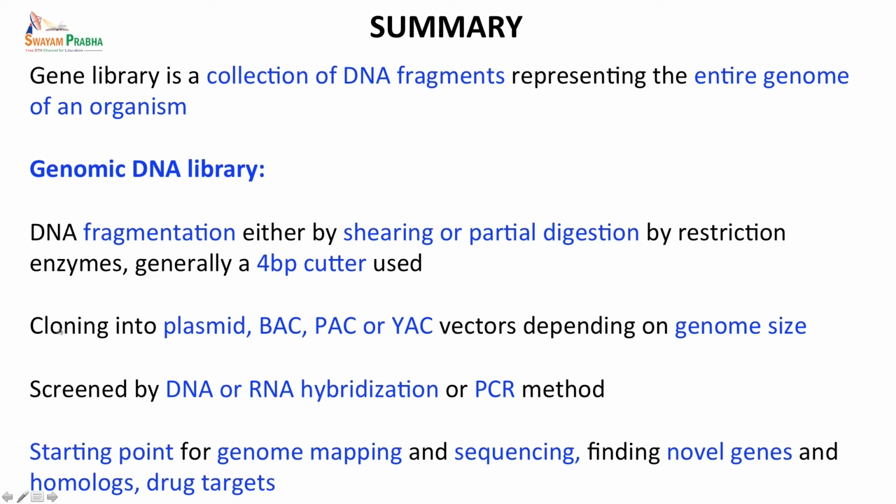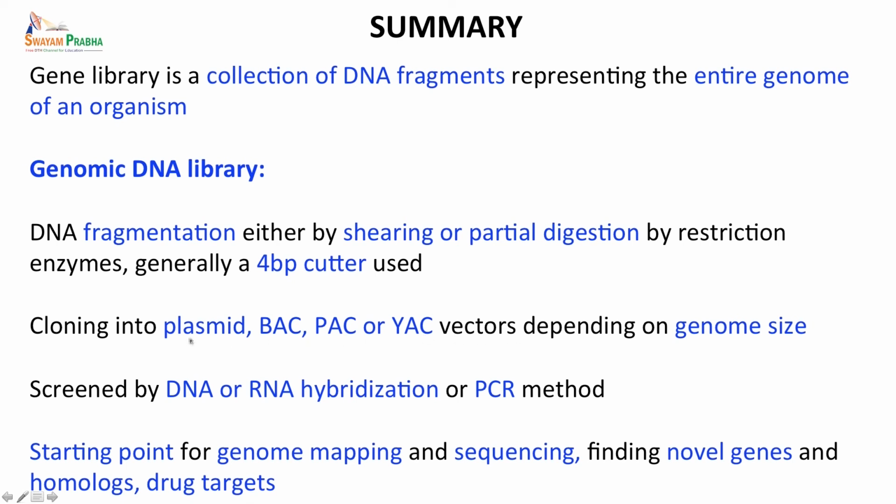And for cloning, a vector could be either a plasmid, which is not preferred because you generate too many clones that need to be sequenced and screened. But for larger genomes, bacteriophage lambda-based vectors or BAC vectors, PAC vectors, or YAC vectors are used.